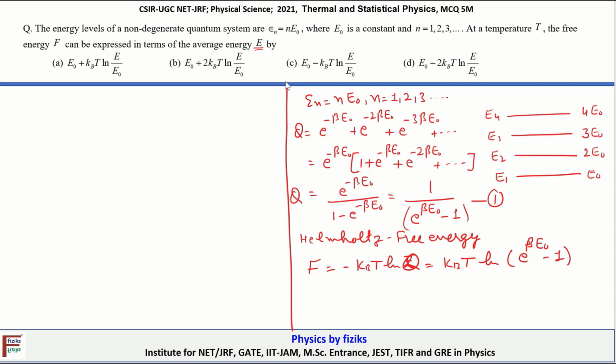So that's the Helmholtz free energy. Let me call this equation 2.